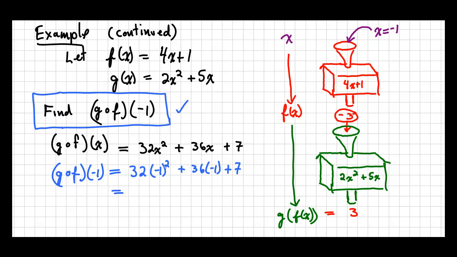And so -1 squared is +1 times 32 is 32, minus 36, plus 7. And guess what we get? 32 minus 36 is -4, plus 7 is 3.